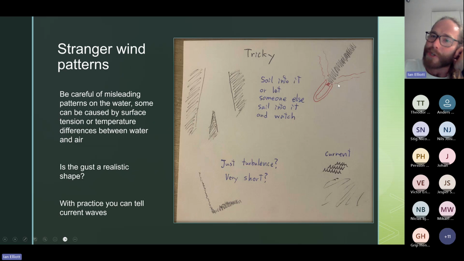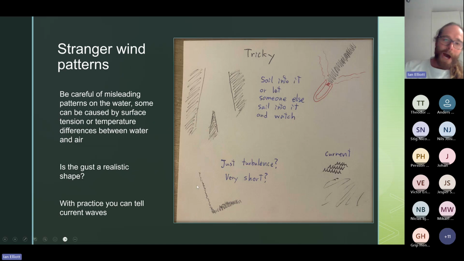The motorboat stirs up the surface tension, or maybe what's happening is the motorboat is stirring the low level wind. But whatever it is, you get a gust visible behind the motorboat. So I like to question it whenever you see very strange shapes of gusts. Let someone else sail into them.